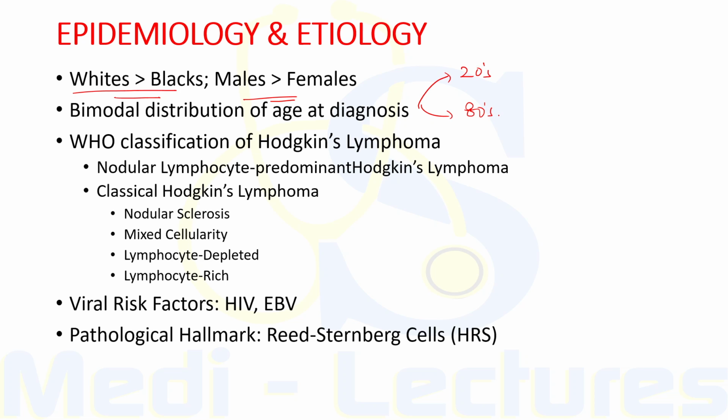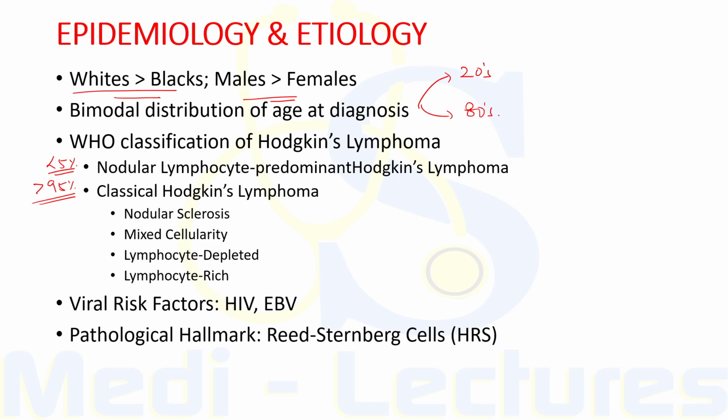Now, the WHO classification of Hodgkin's lymphoma divides it into two types, as we have already discussed. Less than 5% of the cases are due to nodular lymphocyte predominant Hodgkin's lymphoma, and more than 95% of the cases are due to classical Hodgkin's lymphoma.